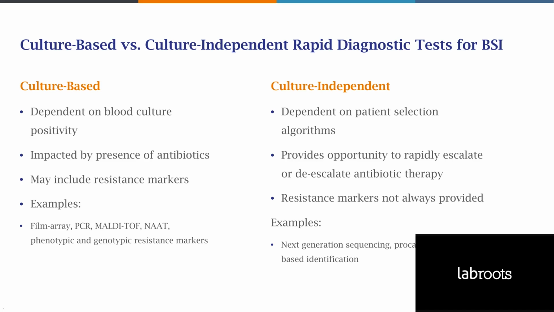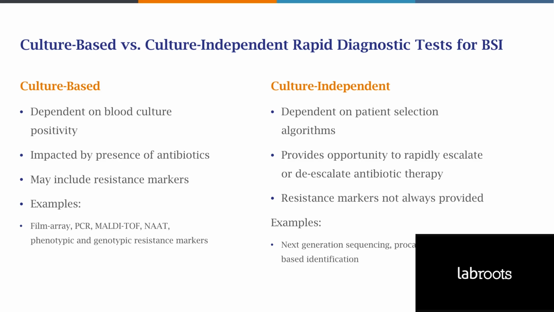This just mentions quickly the differences between culture-based and culture-independent testing. As we mentioned, the culture-based tests depend on blood culture positivity, are impacted by presence of antibiotics, and may include resistance markers. The examples are FilmArray, PCR, MALDI-TOF, NAT, and phenotypic and genotypic resistance markers.